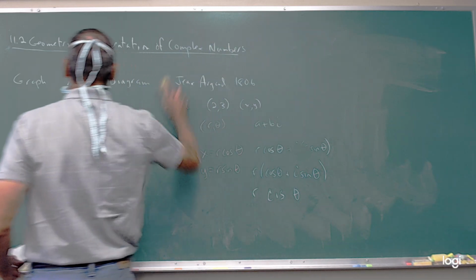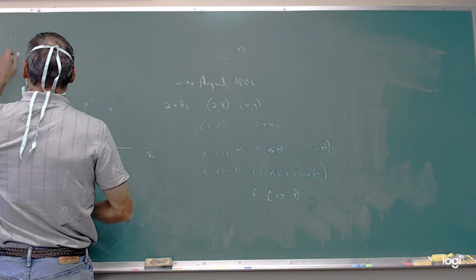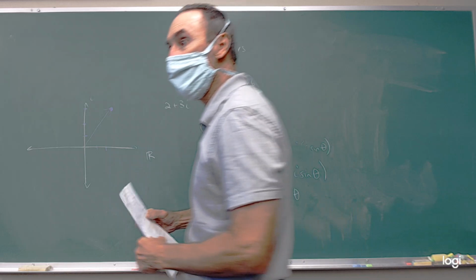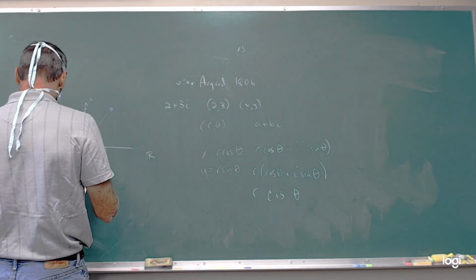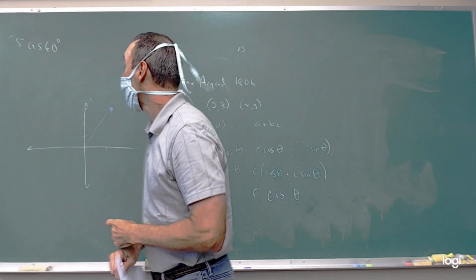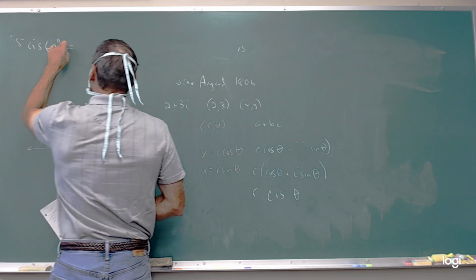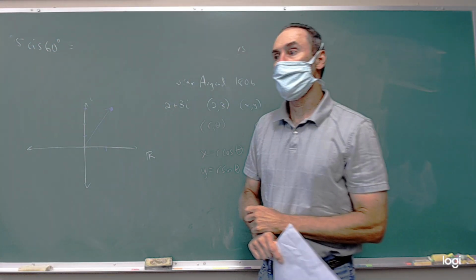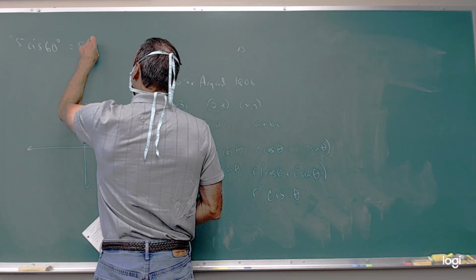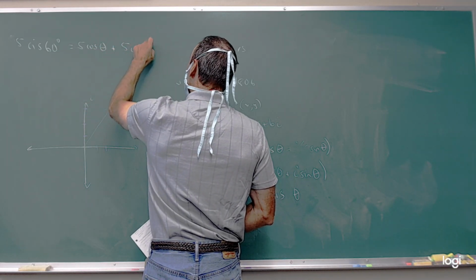So you know then that something like, and we'll use either degrees or radians, they're equally acceptable. If we say 5 cis 60 degrees, that's a complex number written in polar form, and you can convert that to its rectangular form by remembering that's going to be 5 cosine theta plus 5i sine theta.